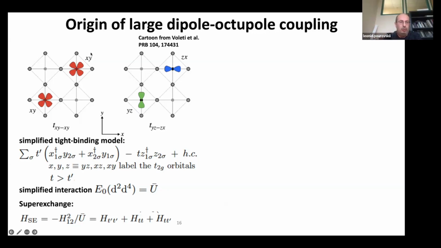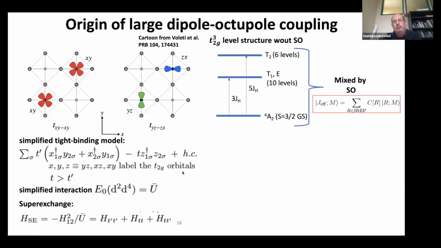So there is strong hopping between orbitals lying in plane for a given bond, which also belongs to this plane, and weak coupling on another side between two orbitals which are orthogonal to this plane. Then one can simplify Coulomb repulsion as well to be able to treat everything analytically.